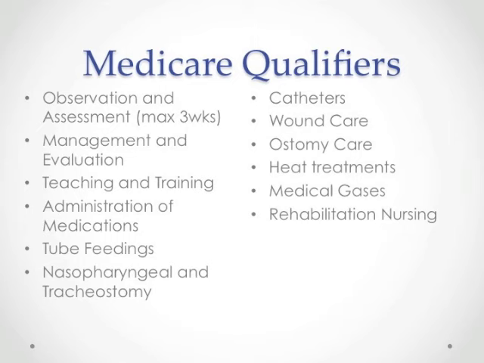If for any reason the patient is not able to reach the wound and can't perform the wound care, or they don't have a willing and able caregiver, then we perform the wound care as we go in and perform our visits. Ostomy care, same thing, and then heat treatments, medical gases, and rehabilitation nursing. Those last three are things that we don't perform ourselves, but they are considered Medicare qualifiers.